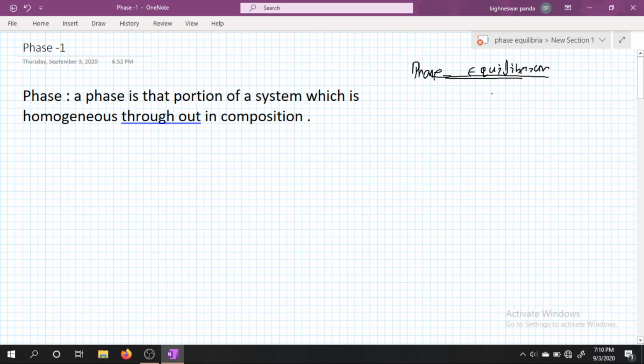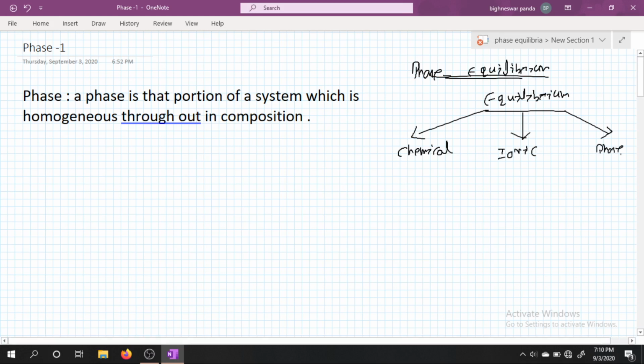Normally, equilibrium is of three types: chemical, ionic, and chemical ionic equilibrium. We have already studied these in the previous semester, but we are now going to deal with phase equilibrium.